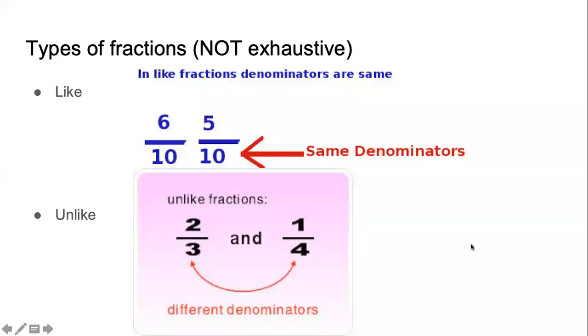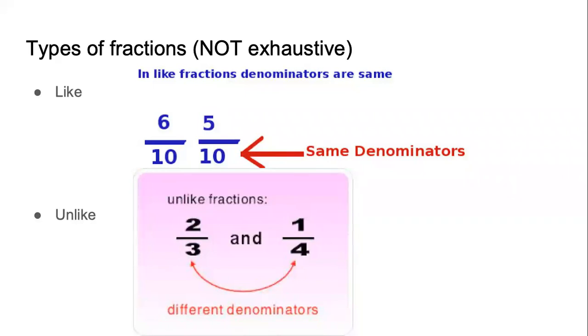Now, before we get into the addition, subtraction, multiplication, and division of fractions, we need to understand what are like fractions and what are unlike fractions. So these are two types of fractions. And these are not the only two types. We can classify fractions in other ways also. But one of the ways is just to look at the denominators.